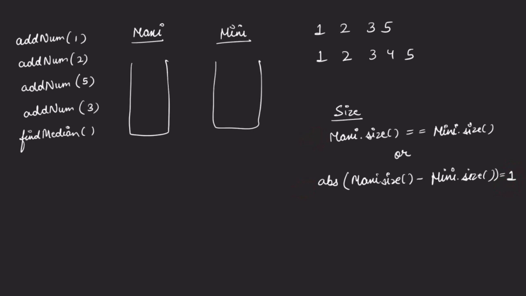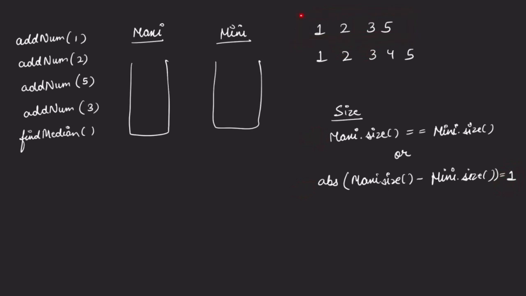Then another thing to notice is that when I am keeping 2 values in the max heap and these 2 values in the min heap, then this max value should be less than or equal to this minimum value, right? Because this array has to be entirely sorted for finding out the median, right?